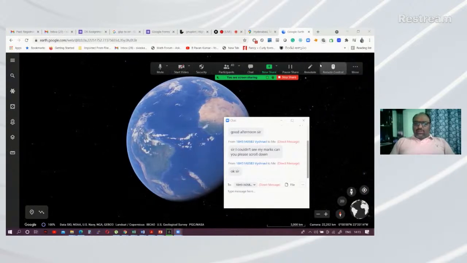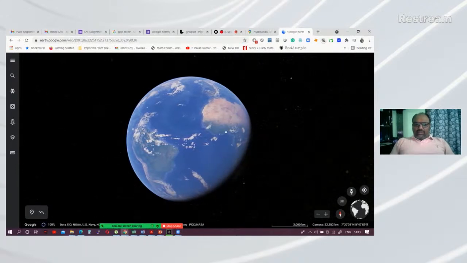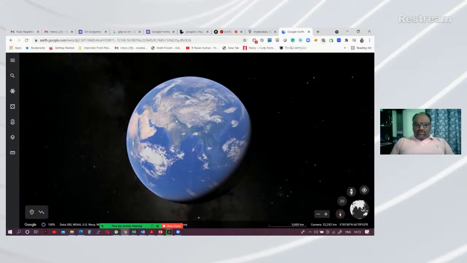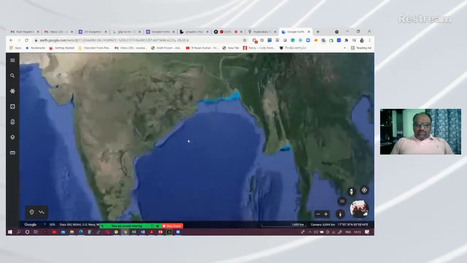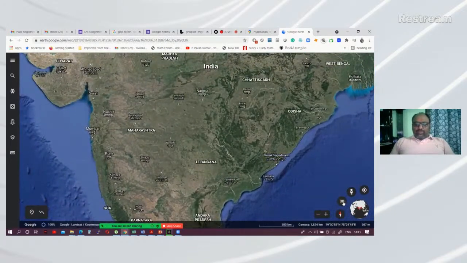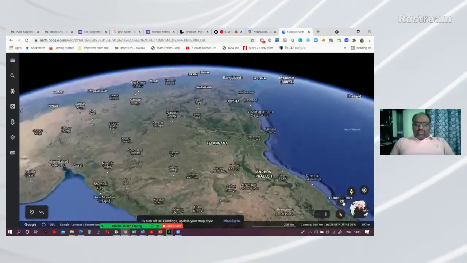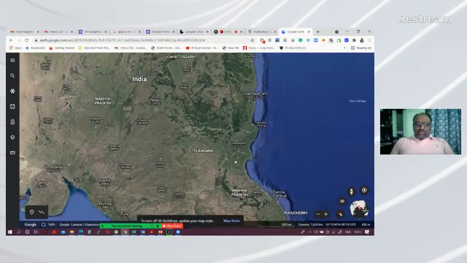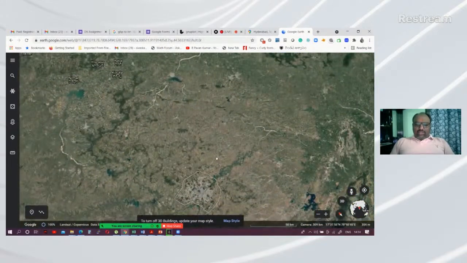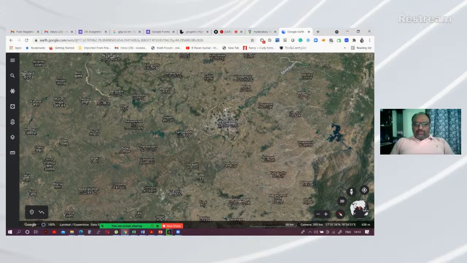Now if you see, this is Google Earth. I want to see India only. I can visualize in 3-dimensional mode, or I can see in 2-dimensional mode. I want to see in a 2-dimensional way, especially our Telangana. This is our region, Telangana.